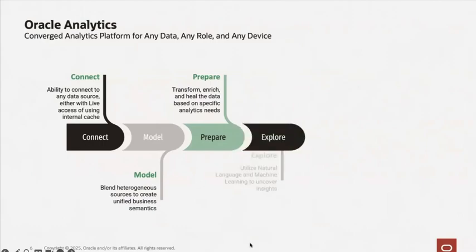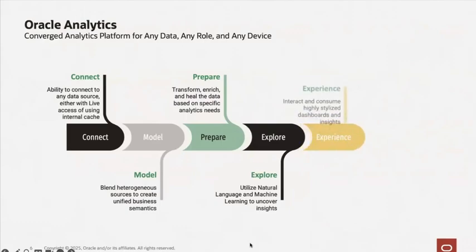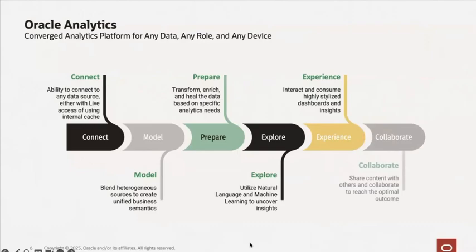And then you can start going into your more business-centric tasks like exploring the data and making some insights. This is going to allow you to create visual stories and an experience that you're able to share with your different colleagues through collaboration. So OAC is able to take you through all of these different steps, from connect to collaborate.